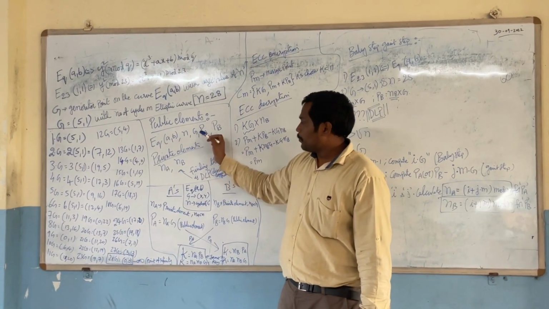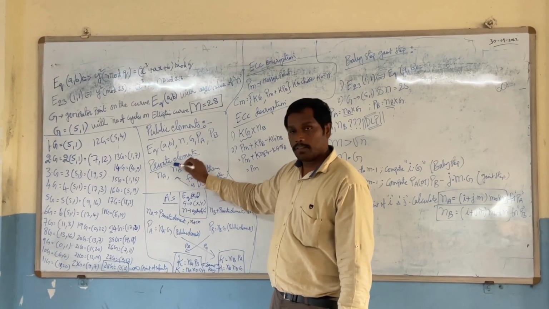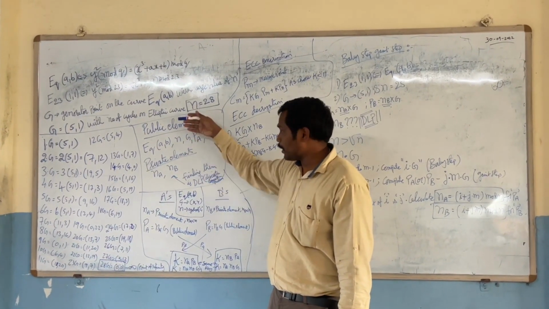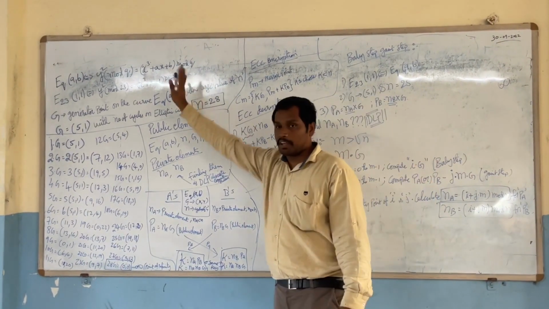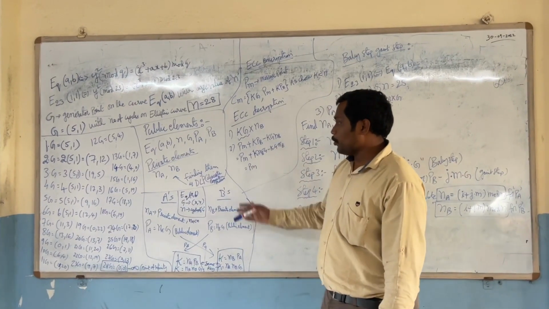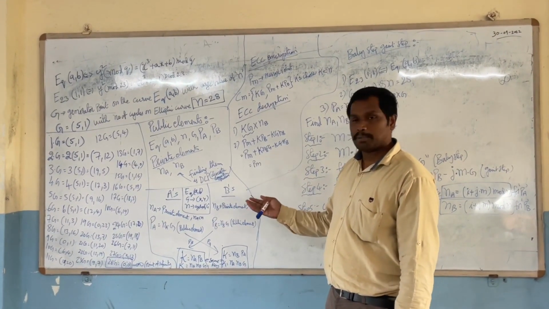Finding out nA and nB, the private elements, is what we call the discrete logarithmic problem on elliptic curves. Right?